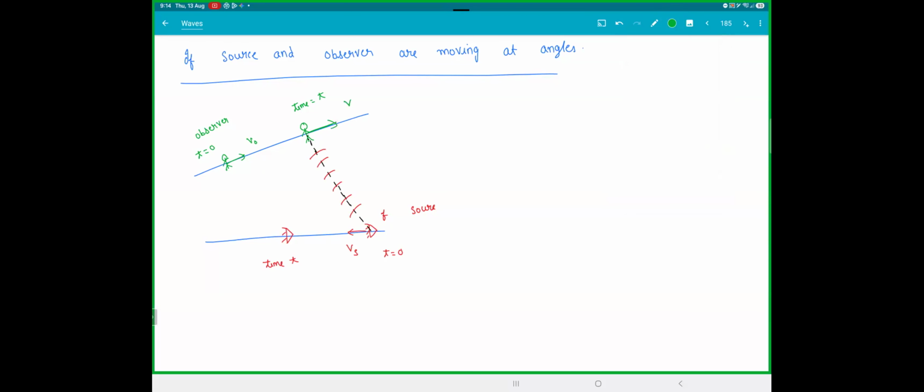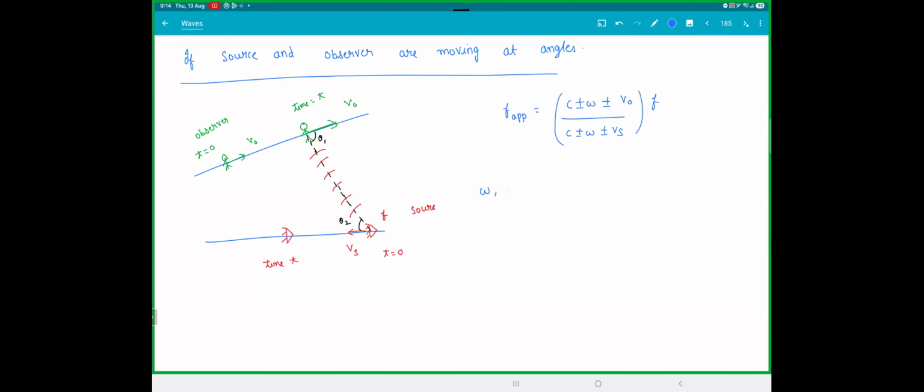So this is your V0. So when you take angles here, if you take this angle to be, let's say, some theta 1, and this angle to be theta 2, the velocities must be components. So the formula is still the same. F apparent, which is C plus or minus wind plus or minus V observer, by C plus or minus wind plus or minus Vs into F. So the important thing is this.